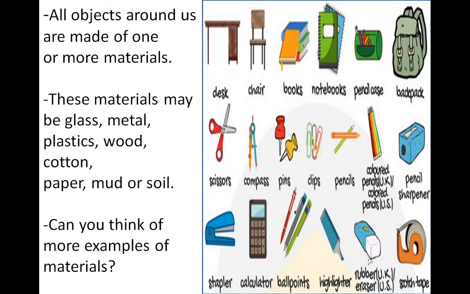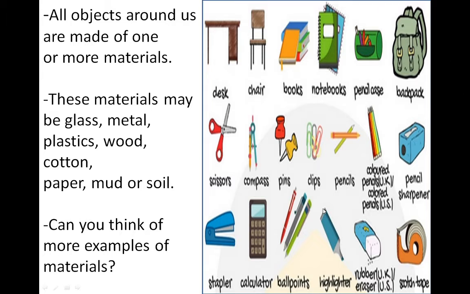You already know that different objects are made up of different kinds of material. And on the other hand, an object can be made from different kinds of material. That difference we will see. See this slide I have mentioned here: all objects around us are made up of one or more materials.